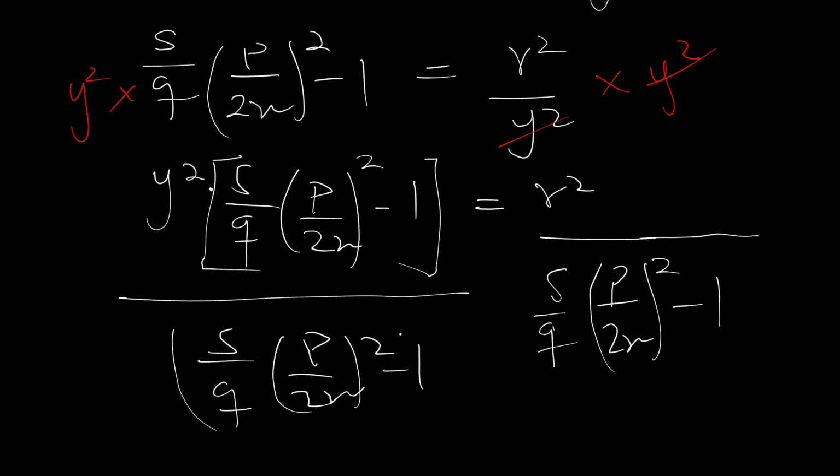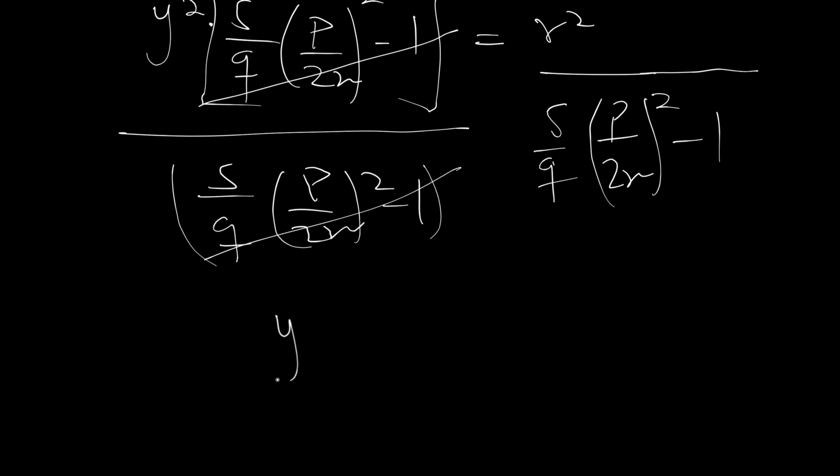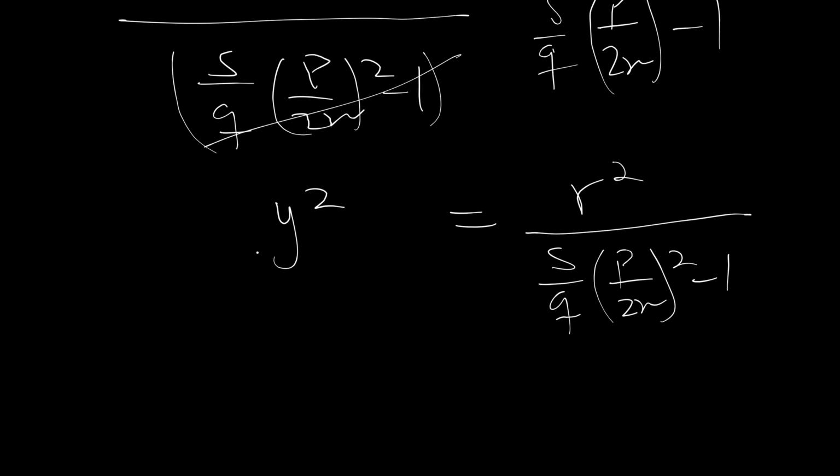This is supposed to be q, so we change this to q. Now the whole of this cancels the whole of this. So our y squared will be equal to r squared all over s over q multiplying p over 2x all squared minus 1. So to make y the subject, we take the square root of both sides.